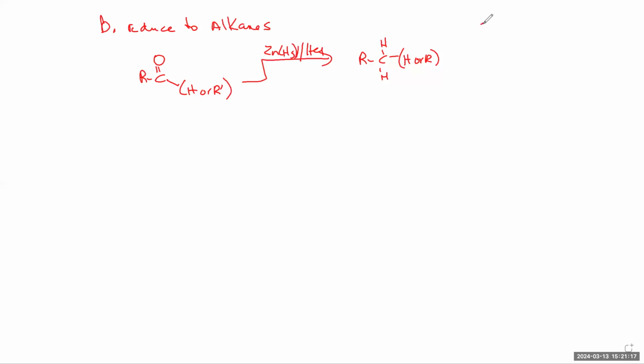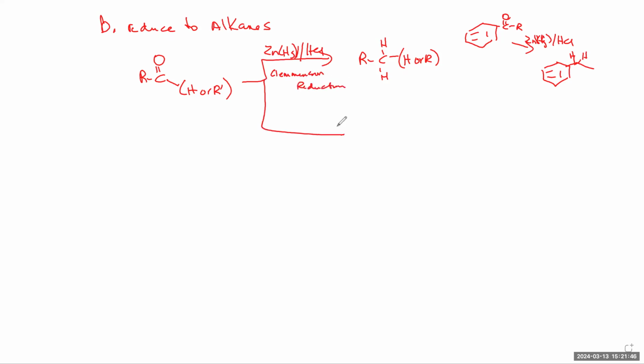We did that with the side chain. Remember we took the Friedel-Crafts and we said with zinc, mercury amalgam, and HCl, you could convert that to the alkane. Well, it doesn't just work with aromatic ketones. You could do it with any ketone. When you use that under acidic conditions, that's called the Clemmensen reduction.